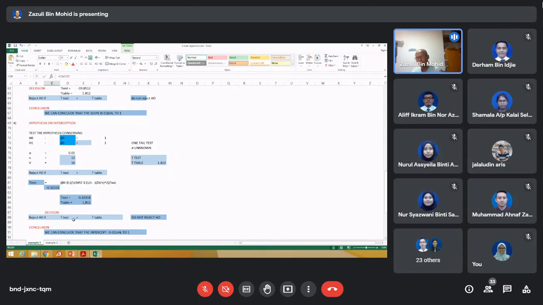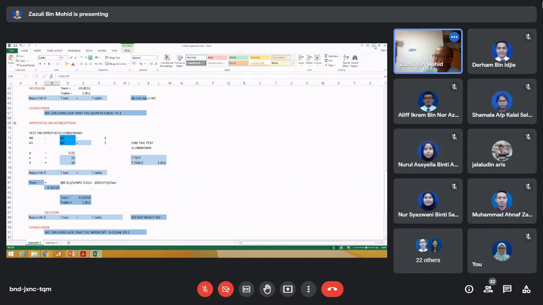If the t-test is larger than the t-table, reject the H0. But actually the t-test is smaller than the t-table, so the decision is not to reject the H0.